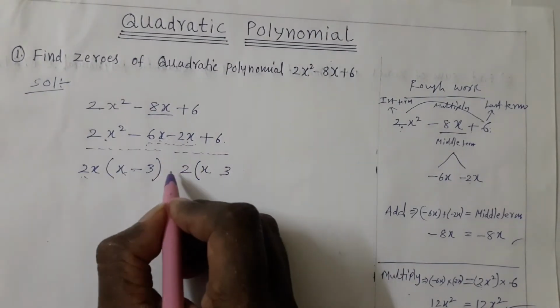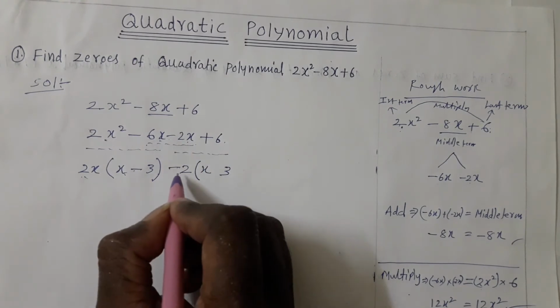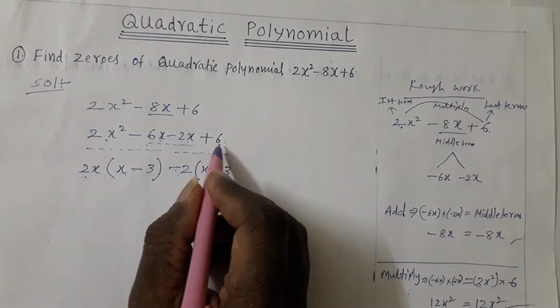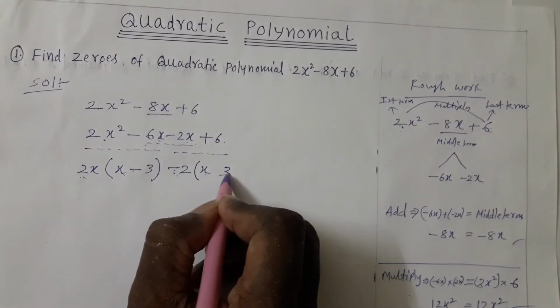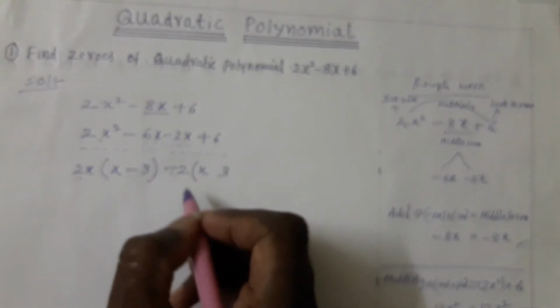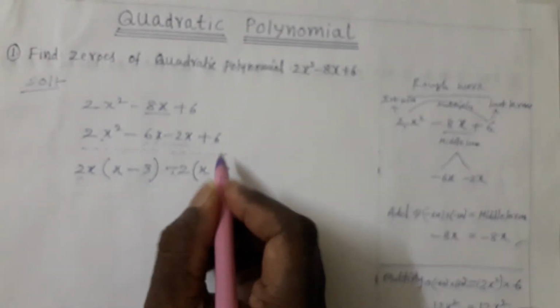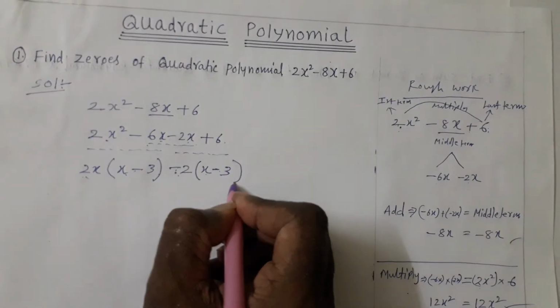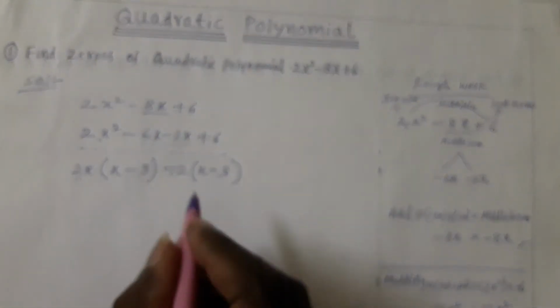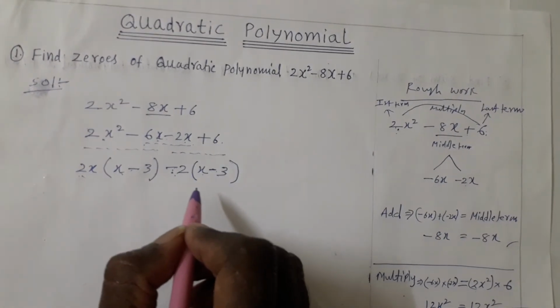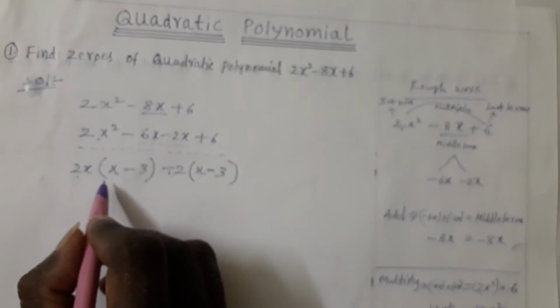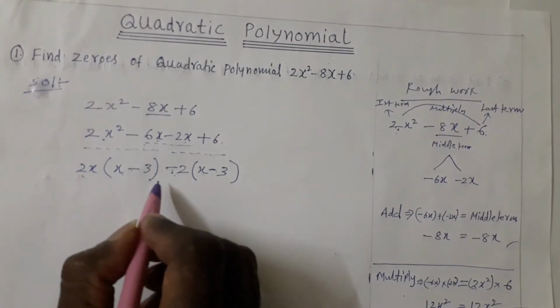The minus comes here: minus 2 into x minus 3, because minus into minus is plus 6. One hint I give: what comes in this bracket, the same comes in the second bracket.